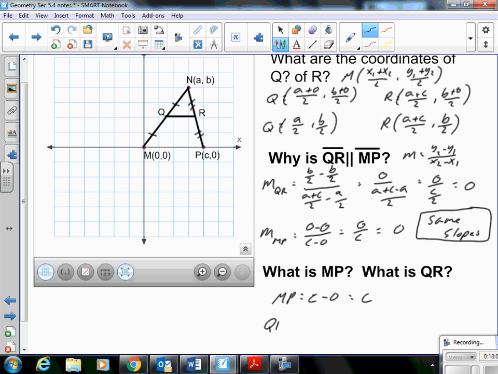And QR, the difference in the x's is going to be a plus c over 2 minus a over 2, or a plus c minus a over 2, which those a's are going to cancel each other out. You get c over 2. So c and c over 2, so QR is half of MP.